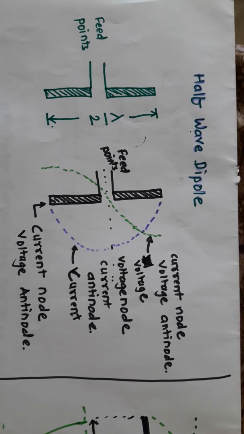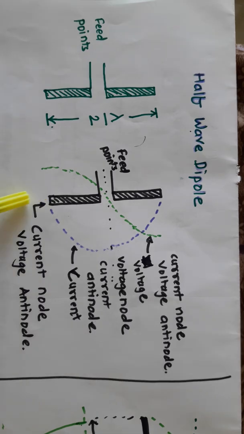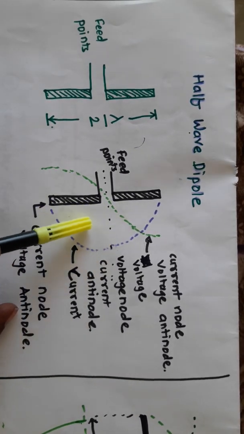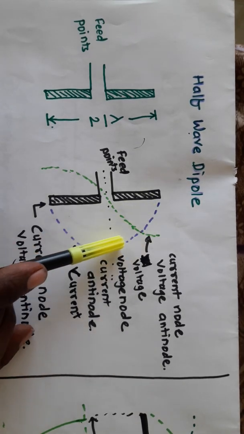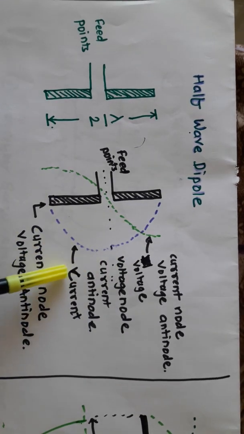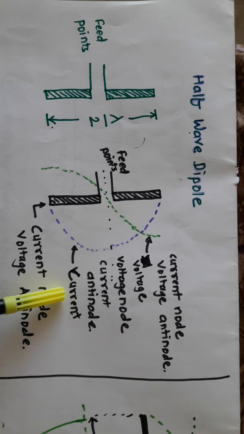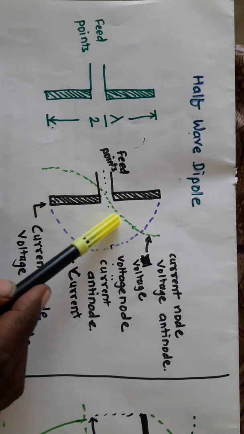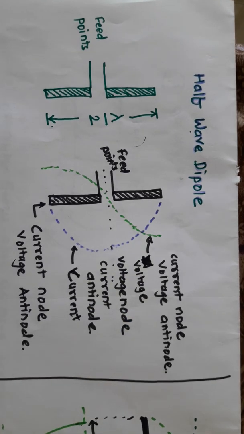In this lambda by 2 dipole, the blue line you are observing indicates the current within that standing wave, and the green line I have drawn indicates the voltage.